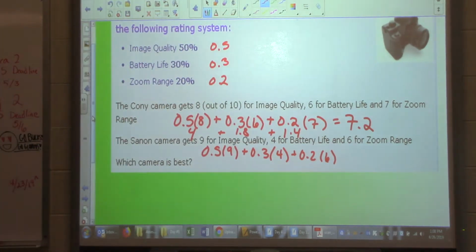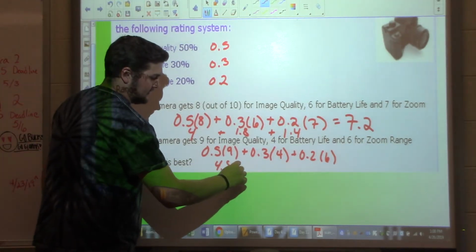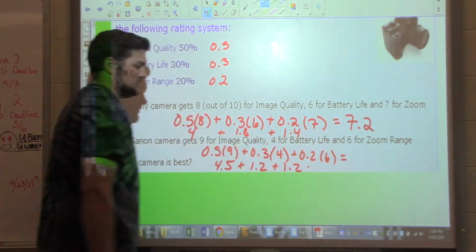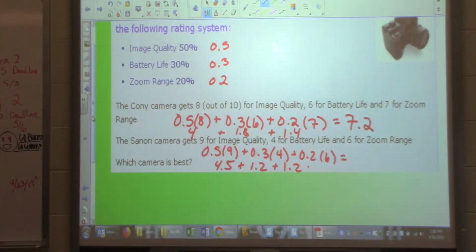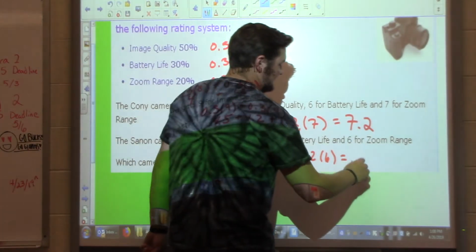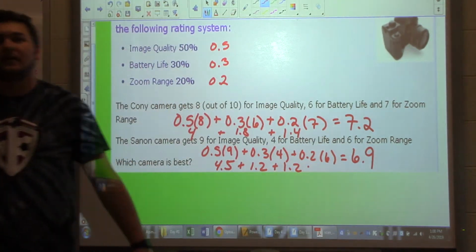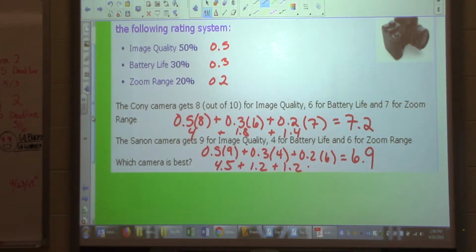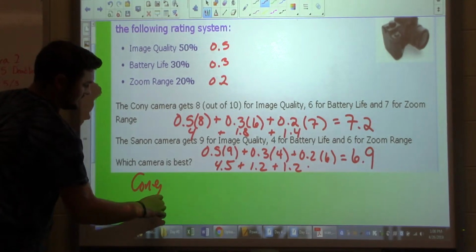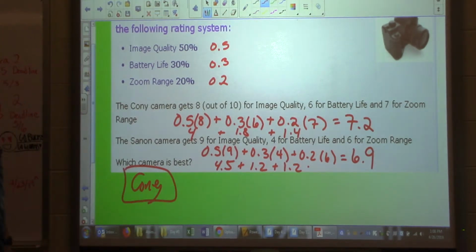That gives 4.5 plus 1.2 plus 1.2, for a total of 6.9. So out of the two cameras, which one's better? The Kony. 7.2 is better than 6.9. So the Kony is better.